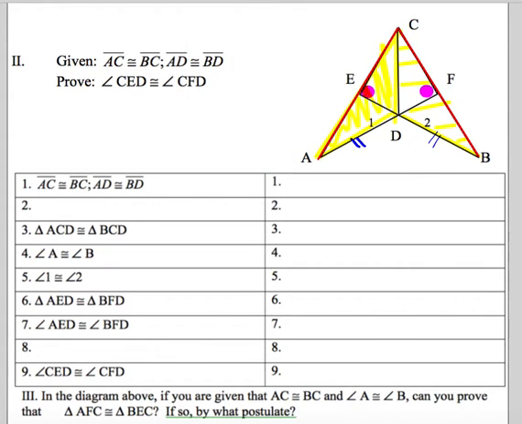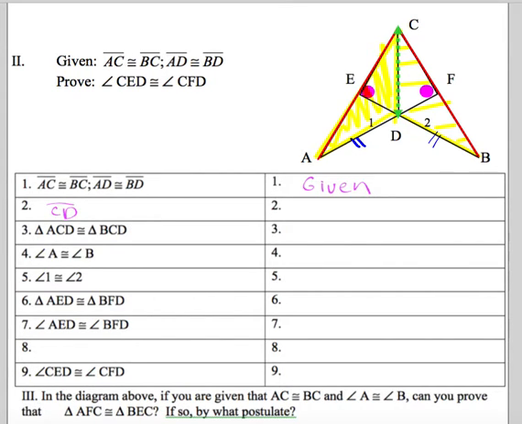So let's start going through here, and they have a lot of this filled in for us. So we've got our two givens here, and our reason is given. And then, since these triangles are touching, and in this picture, the place that they're touching is this segment right here, and that's a side of those triangles, we're going to say that they share that side.